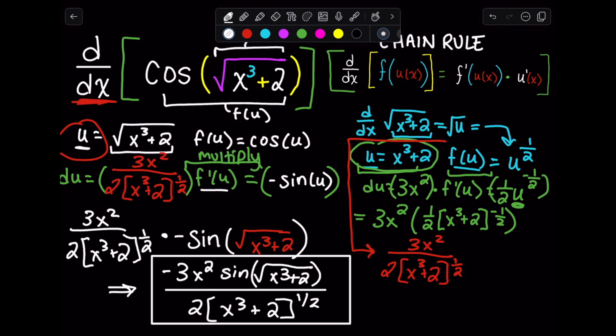Now that was a long-winded problem, and you can see how there's a lot of opportunities for error in problems like these where there's a composite inside another composite. So just make sure you can organize your work, maybe split your page in half, do one derivative on the right, one on the left, and make sure you keep everything together so that you come up with the right answer at the end of it.